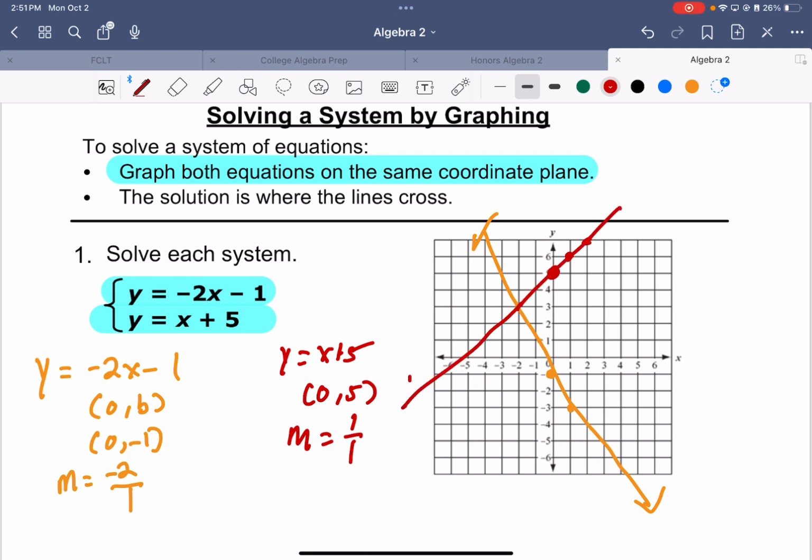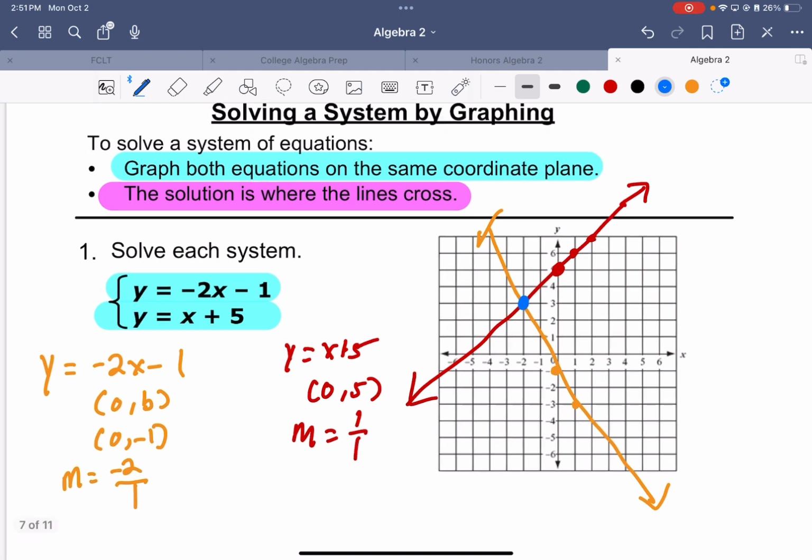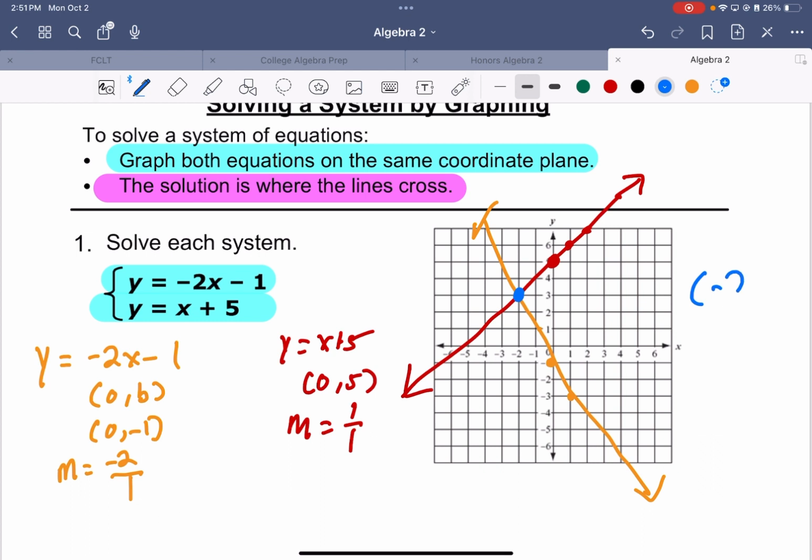I draw the line. So we've got both of them drawn. That's the first part. The second part says that your solution is where the 2 lines cross. So these 2 lines cross right here. That's the ordered pair in this case, negative 2, 3.